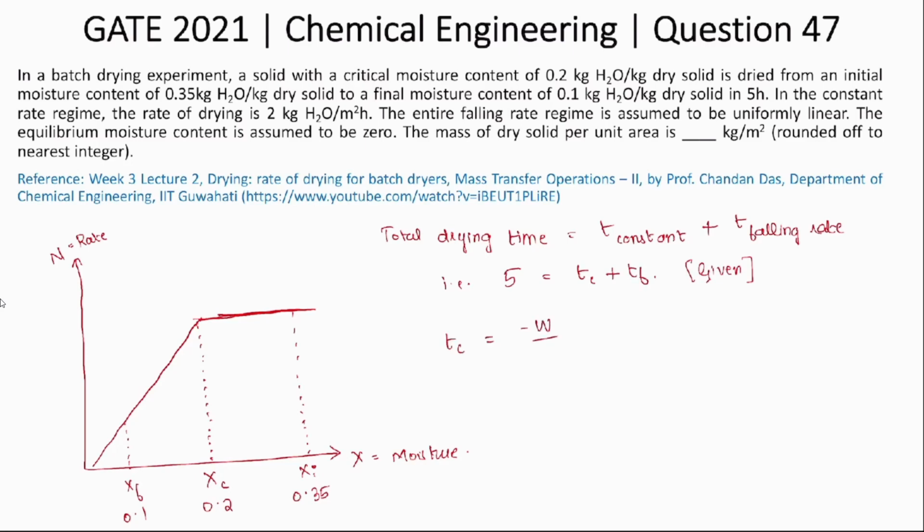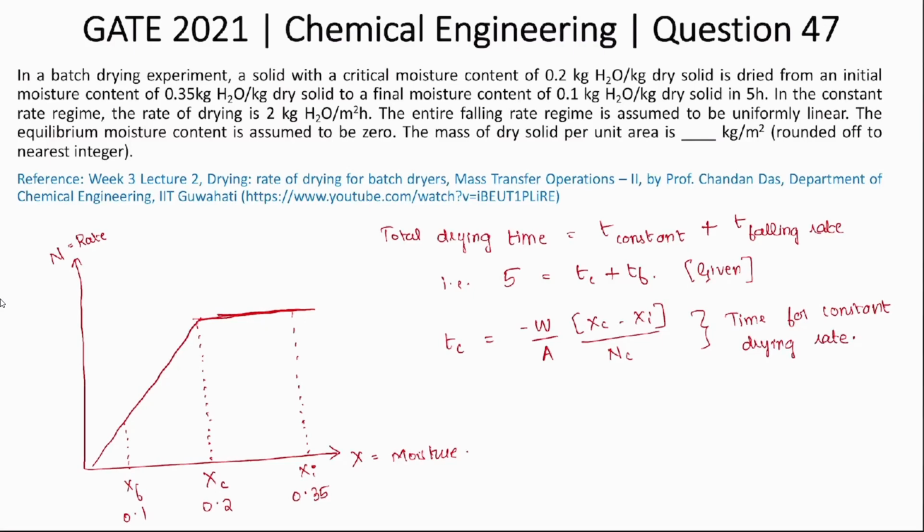Now, the formula for Tc, we learned this formula just a few minutes ago. So this is the formula for the time required for the constant drying rate. And similarly, we learned the formula for the falling rate as well.